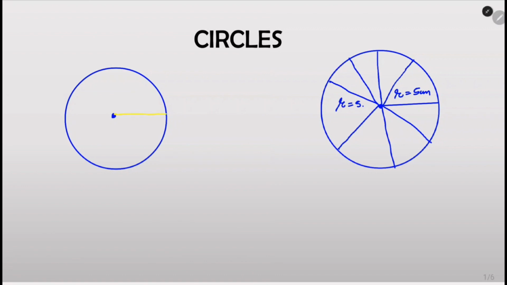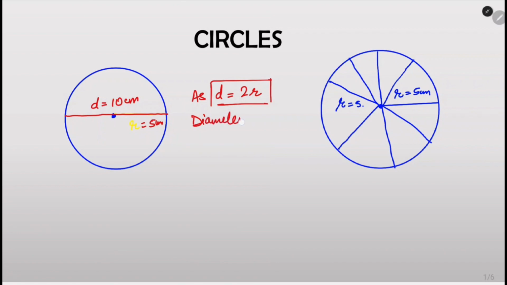Suppose r is equal to 5 centimeters, and this is the diameter. Complete is the diameter. Diameter is equal to 10 centimeter. As you all know, diameter is twice of radius. Diameter equal to double of radius.